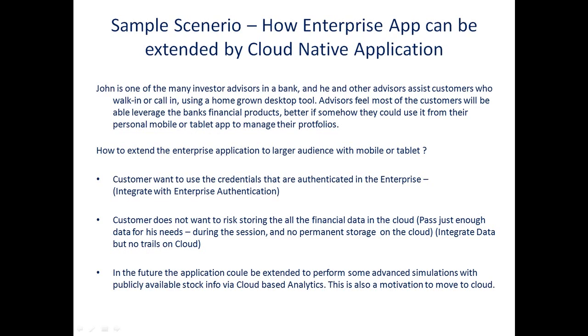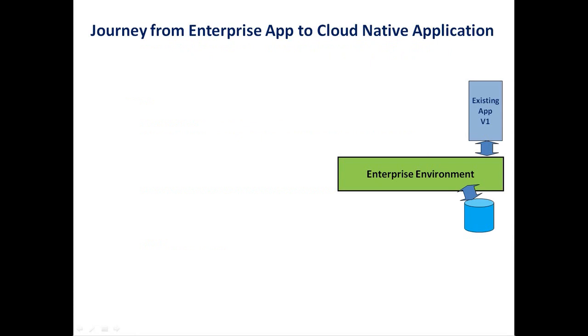They want to ensure only the minimal information needed for the session is sent as needed, and it lives just for the duration of the session, ideally, and so on and so forth. Of course, in the future, they want to leverage cloud-based analytics so that they can use the real-time data. So how do they move from the enterprise app and integrate with the cloud native app?